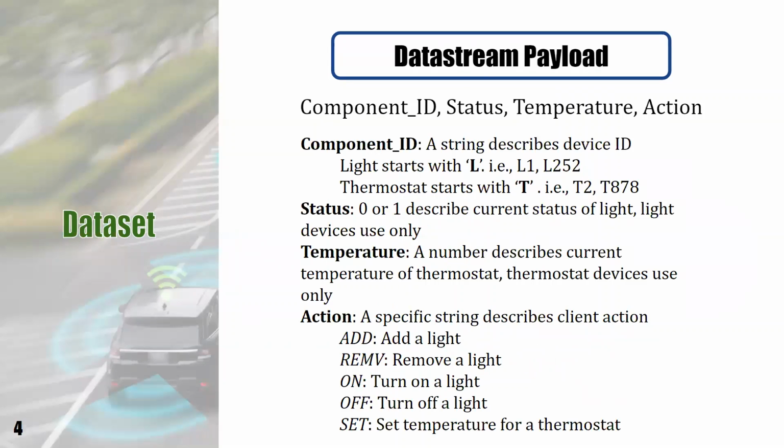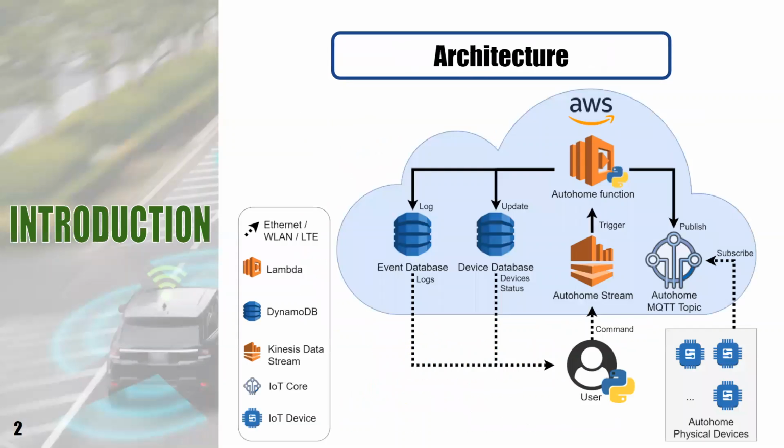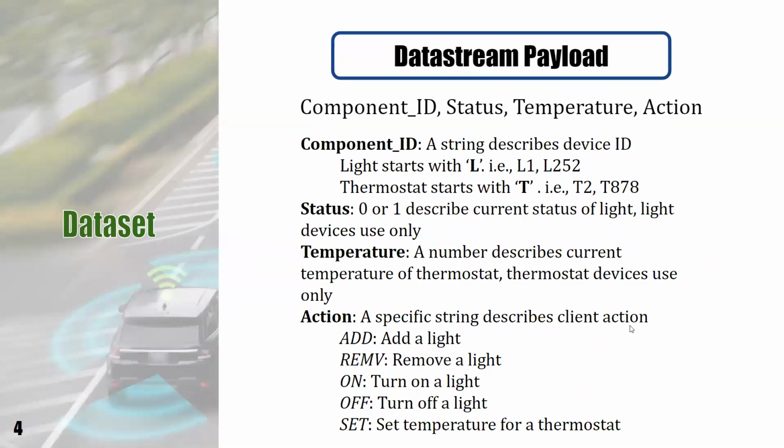The first thing I need to specify is the Kinesis stream, because it's probably the most necessary component here. My message needs to be delivered from here to my Lambda function, and my Lambda function needs to know what this message really means. So here I define my message.